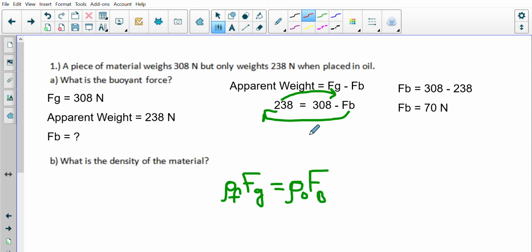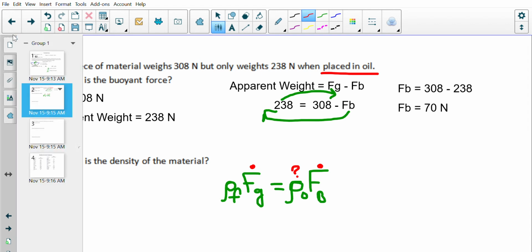Now, what do we know? We do know our Fg. We just figured out our Fb. And it says, what is the density of the material? So that's the object we're looking for. And we need the density of the fluid. Well, this has been placed in oil.